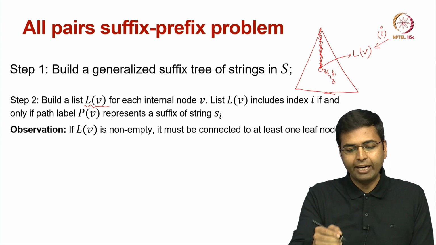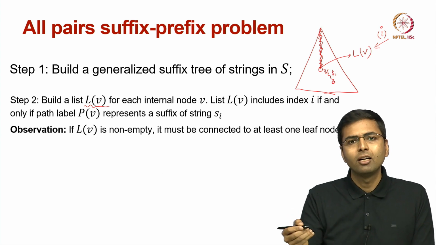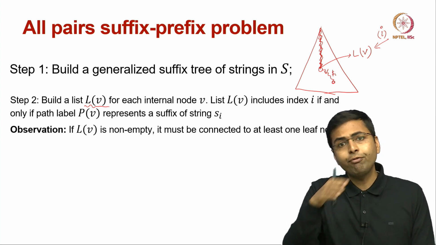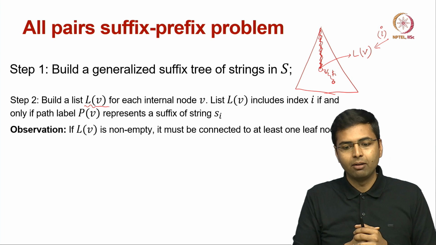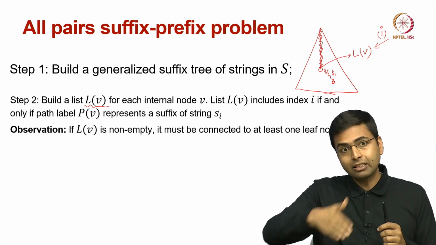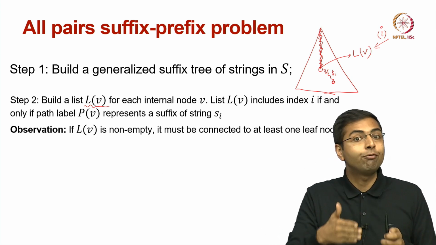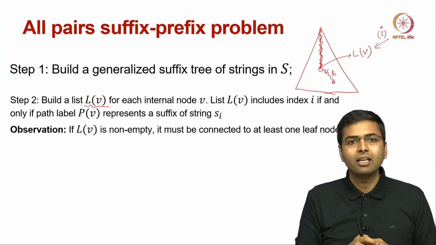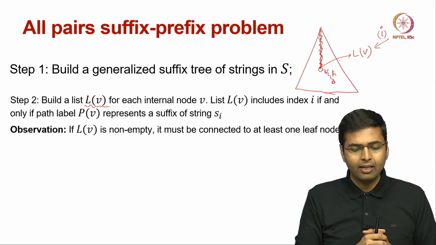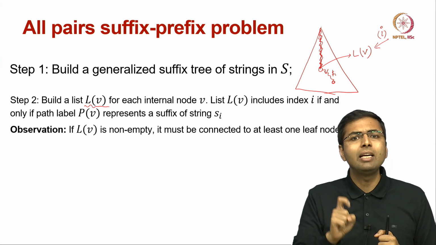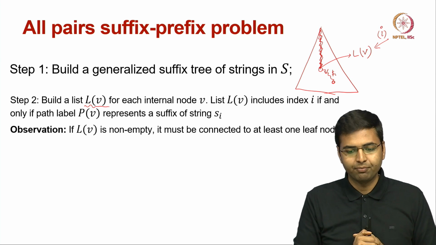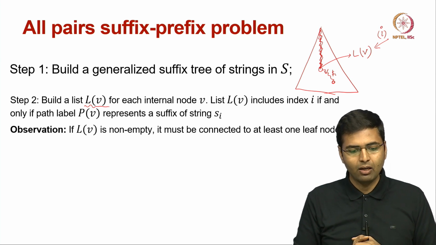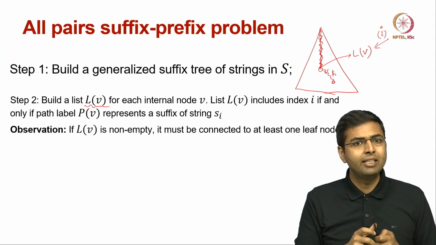So, it has an edge connecting to a leaf node, and that leaf edge must have a $I label, because the entire suffix has to end at the leaf node. So, this is just an observation that if LV is non-empty, then it must be connected to at least one leaf node in the tree. Okay. So, I hope this definition is clear.